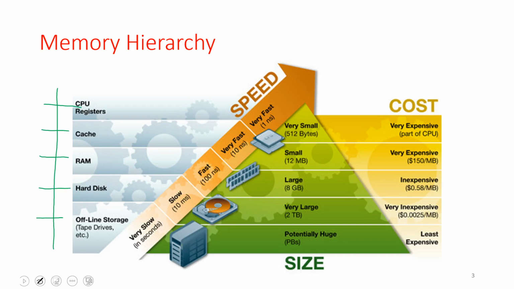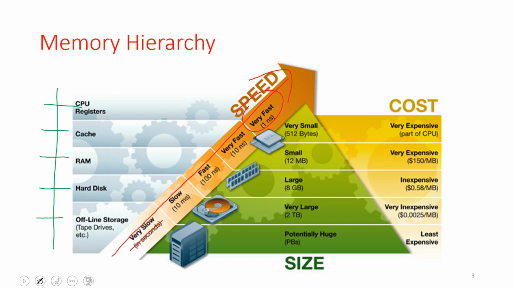Then we can see from the bottom up, the speed of these devices is growing faster and faster. So the lowest in the hierarchy are the slowest devices, and the ones at the top are the fastest devices.